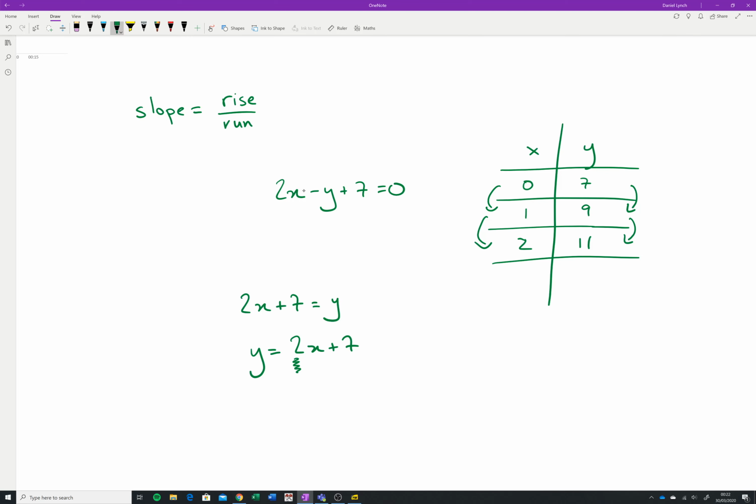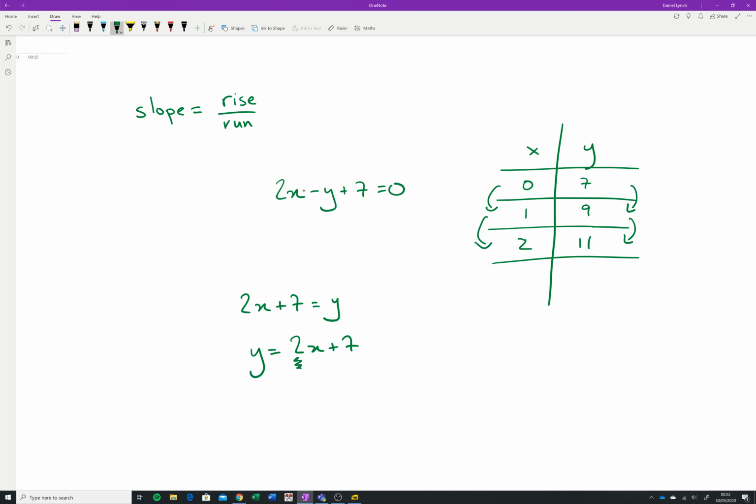If you go from, let's say, x being 10, so you'd have 20 and then 7, 27, to x being 11, you've gone from 20 plus 7 to 22 plus 7. So whenever x increases by 1, the overall thing increases by 2. And that bit there is the bit that does it.